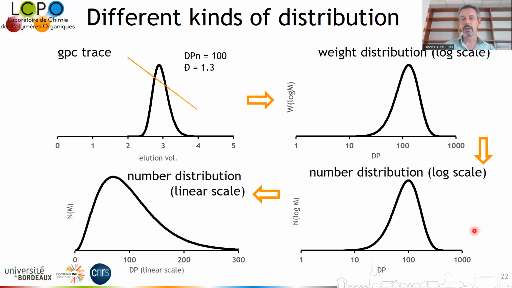So then if we want to convert that to a linear scale, we'll go to a number distribution on a linear scale, and you see immediately that there's this enormous change in the shape of the distribution that comes from squashing down this region into a much smaller area and really spreading out the higher molecular weight region as we pass from that logarithmic to the linear scale.